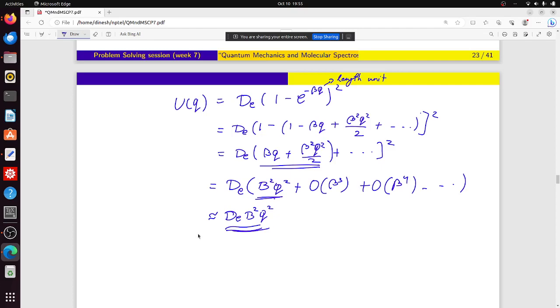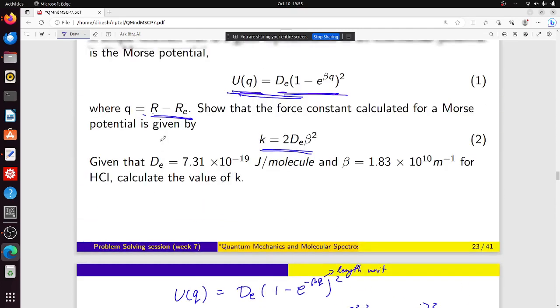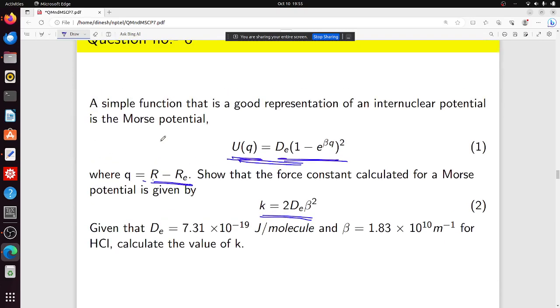And we know that at the bottom of the potential, we can assume this potential to be always harmonic. So in that case the potential will be half k q squared, right?